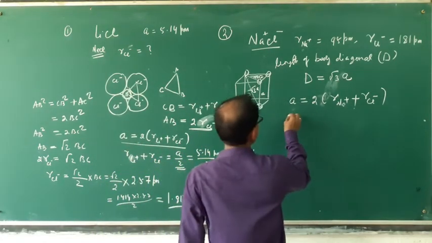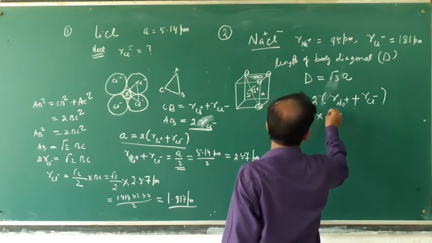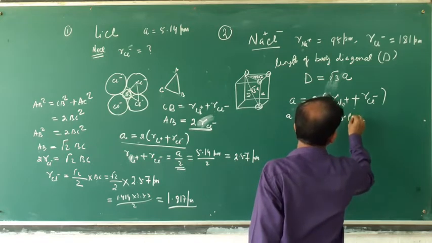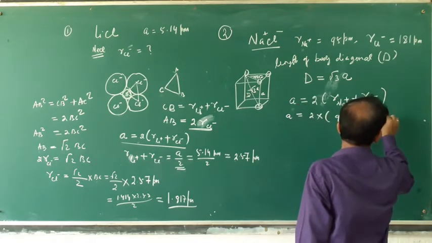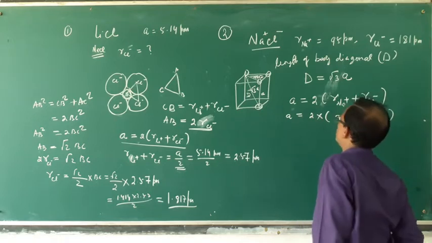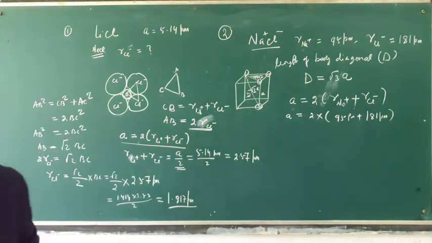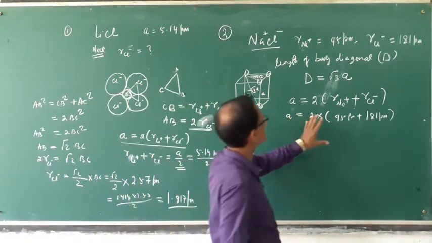So a is equal to 2 into (cation size 95 picometer plus anion size 181 picometer). We will calculate the value of a.